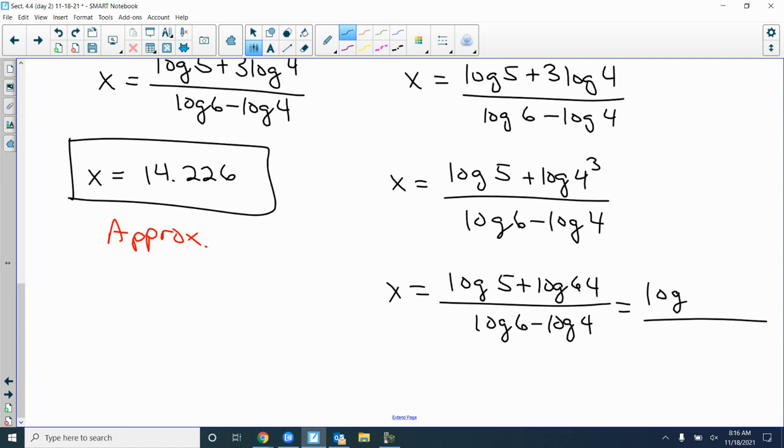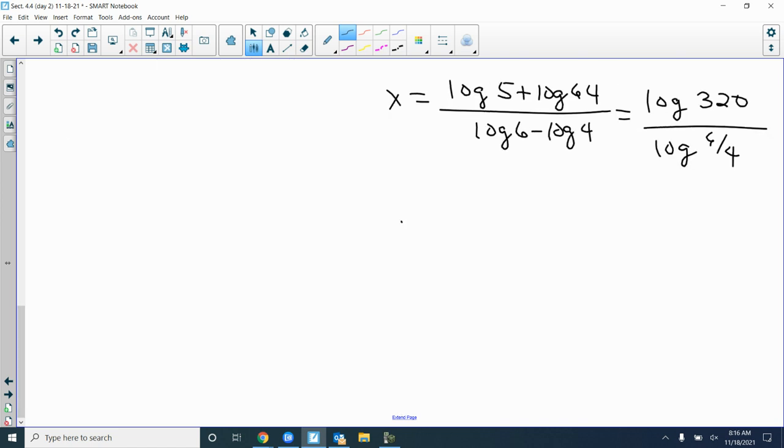What's 5 times 64? Is that 320? So 320. 6 over 4, divide. Now that works out to a nice number. What is it? 1.5. Or you can just reduce it, or I would ask you to at least reduce it. So log of 320 over log of 3/2.